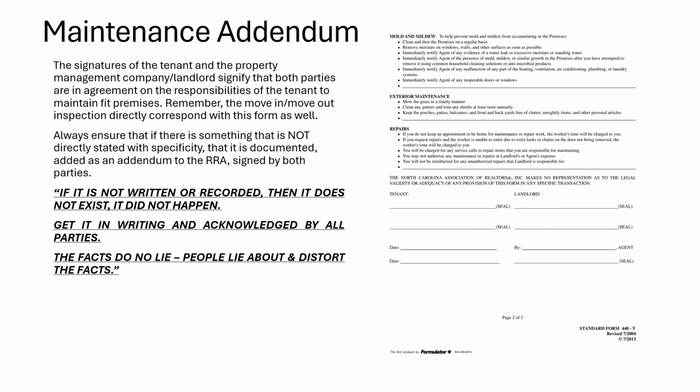As I state, if it is not written or recorded, then it does not exist. It did not happen. Okay? Get it in writing. Get it acknowledged by all parties so everyone is on the same playing field. Do this when you start, and you should not have issues as you carry along with that relationship.